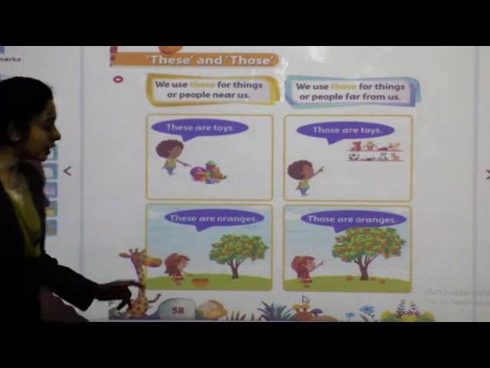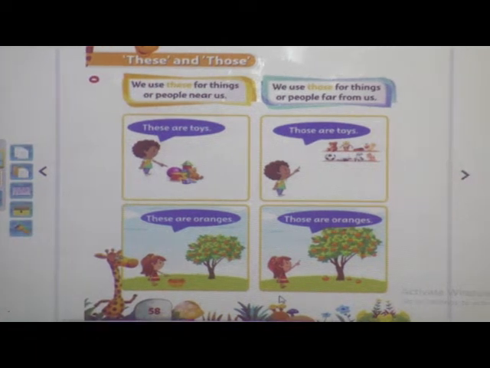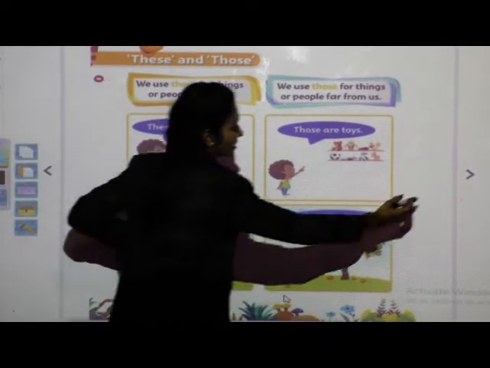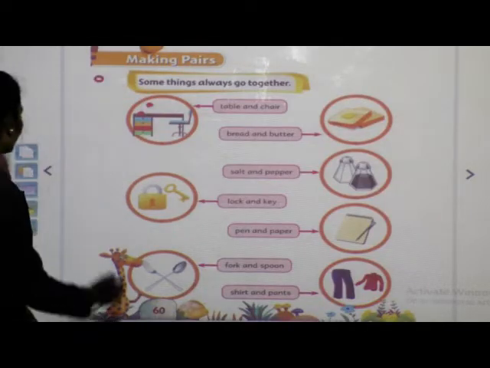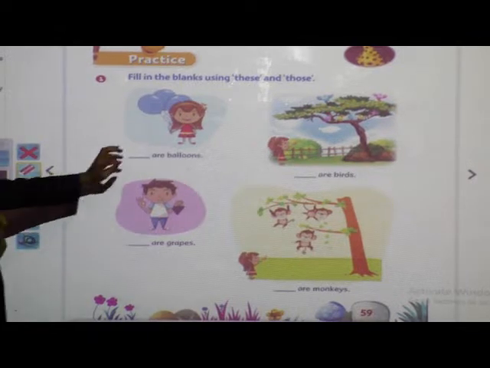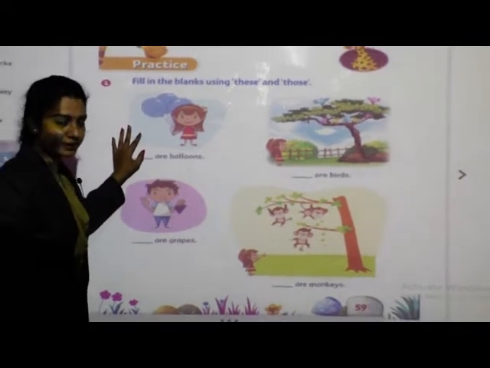Okay children, now come to page number 58. Afterwards, come to page number 59. Have you opened this page? Take your pencil, sharpen your pencil. Now see, this is one practice sheet.